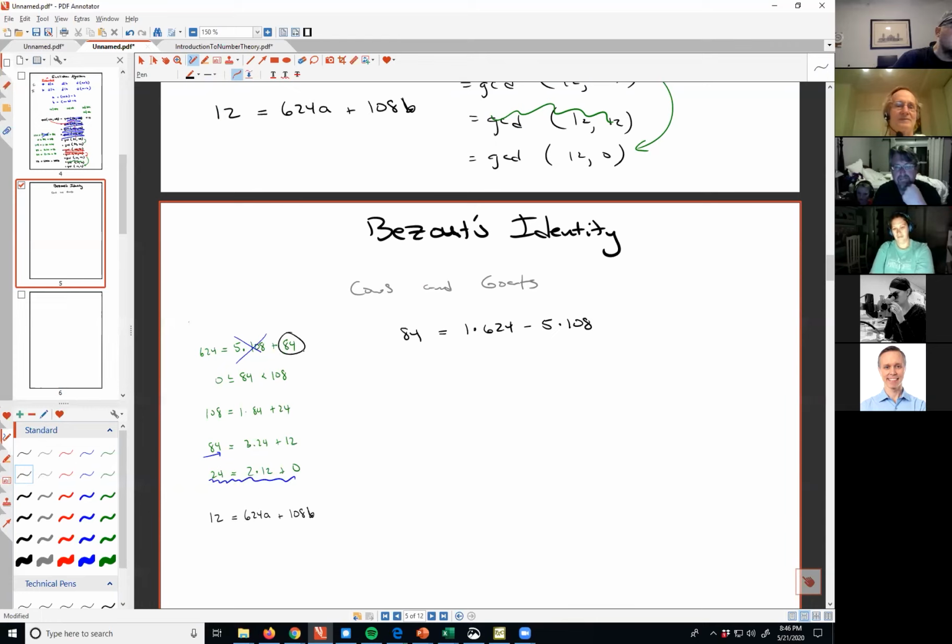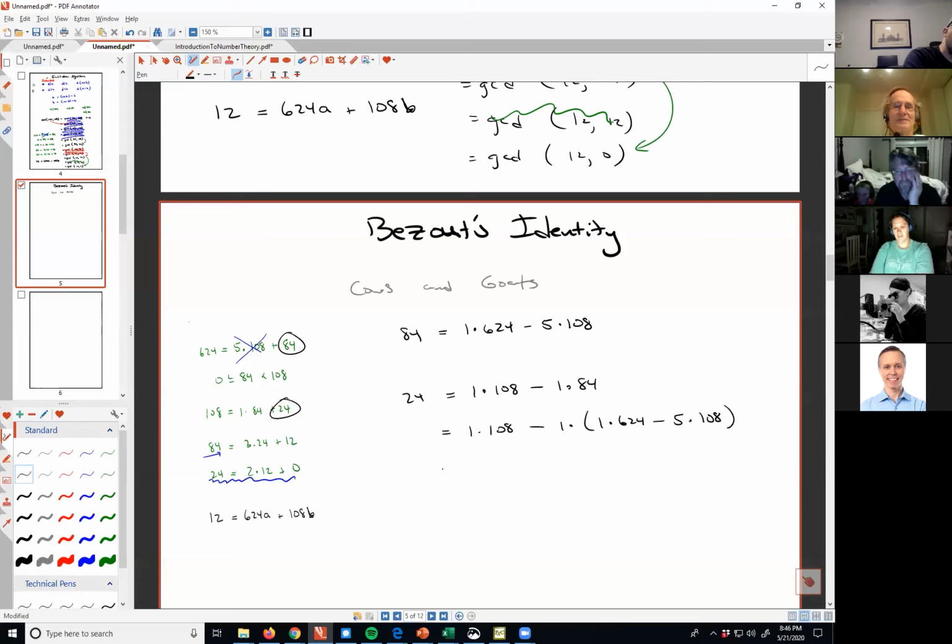That was helpful. Okay, let's isolate the remainder again here. We know that $24 can be made from 1 goat minus $84, but we know what $84 was. $84 was 1 cow minus 5 goats.